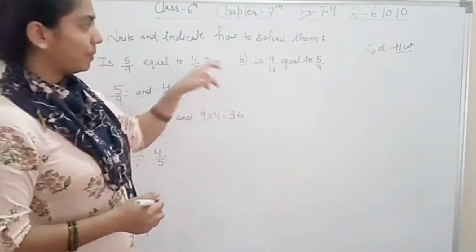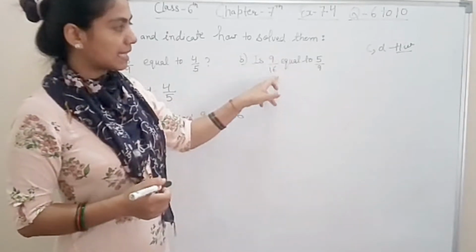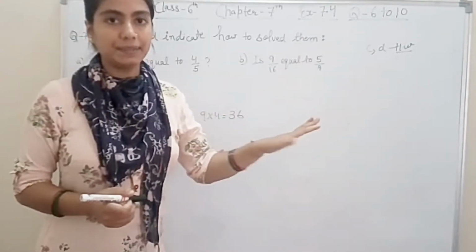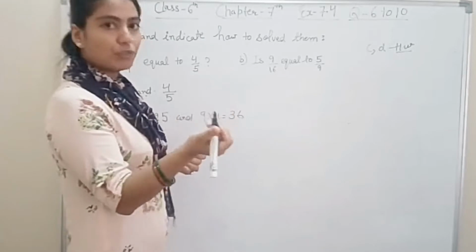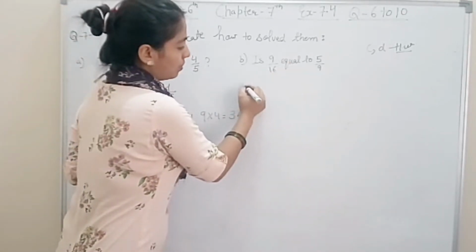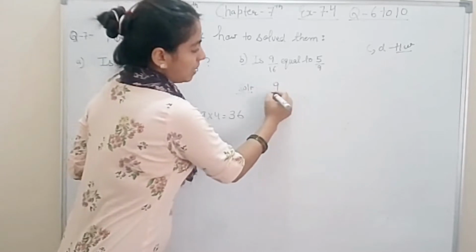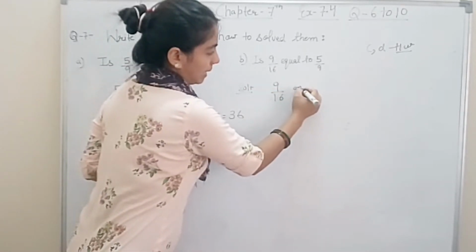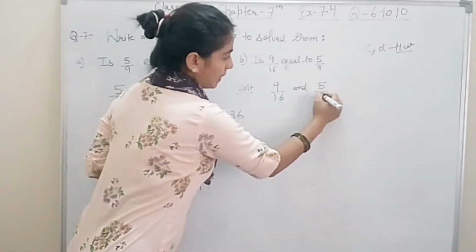Fine, students. Now B part is 9 by 16 equals to 5 by 9. Let's have a look. We have to check by solution. So let's start the solution. 9 upon 16 and we have 5 upon 9.